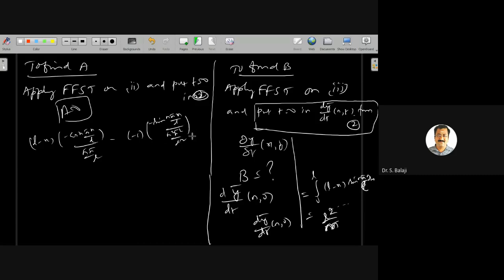Limit is 0 to L, the other part is 0. When applying L here, L minus L is 0. When applying 0 here, L. When applying L here, X gets cancelled. Cos n pi is minus 1 whole power n. Here both are 0. Sin 0 is 0. L gets 0. It is 0.